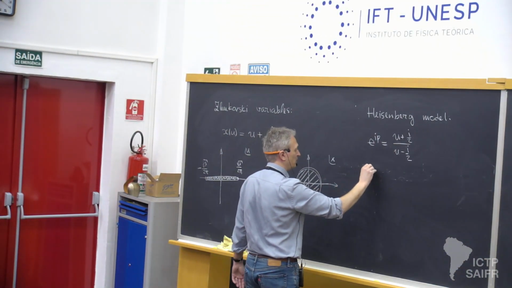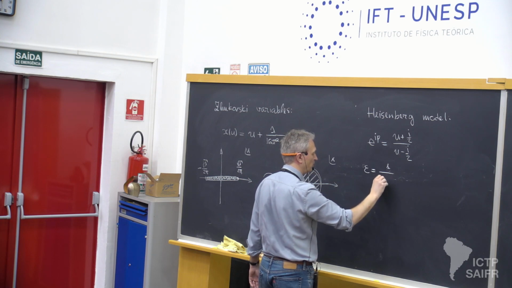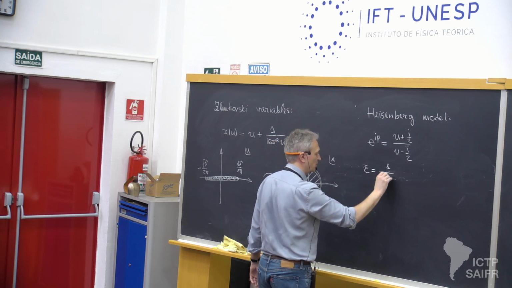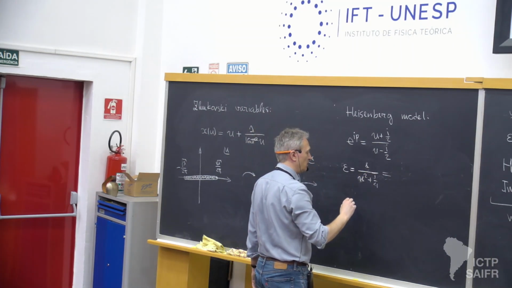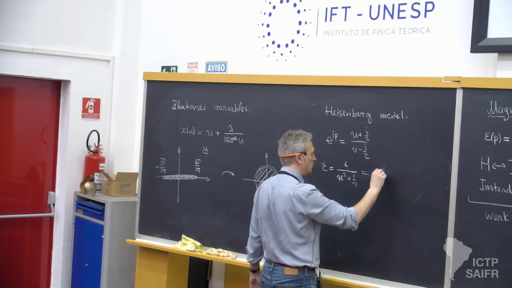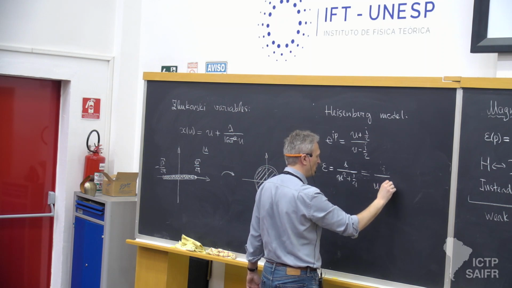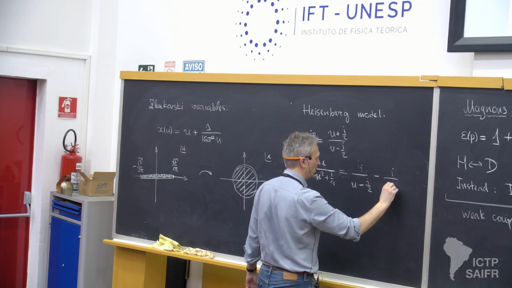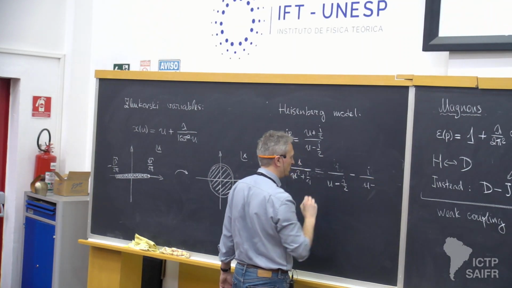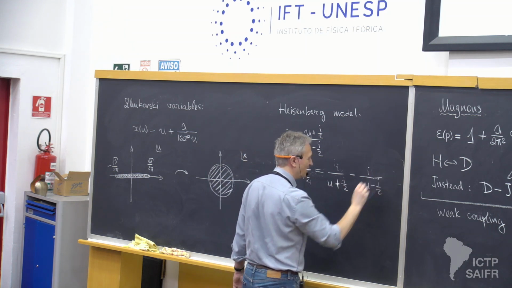And the energy of the magnon is, basically up to some prefactor, 1 over u squared plus 1/4, which one can write as i divided by u minus 1/2 minus i divided by u plus 1/2.